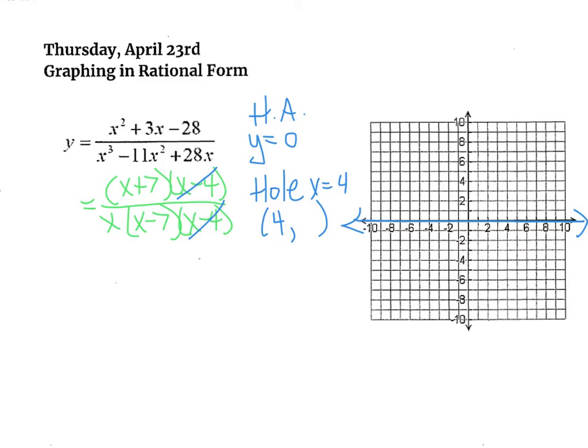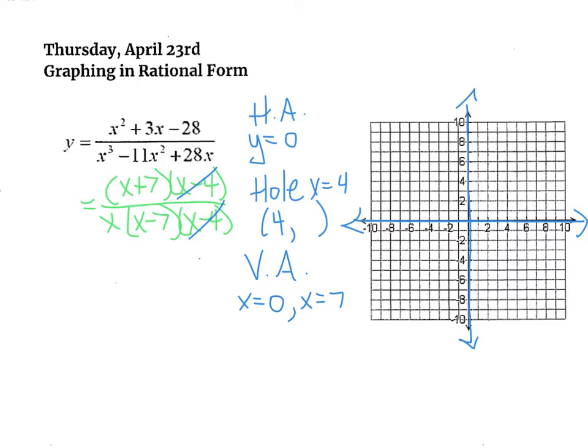It also creates in the denominator two vertical asymptotes. Remember, it's where the denominator is equal to 0. I get vertical asymptotes, those are VAs, where x is equal to 0 and where x is equal to 7. Where x is equal to 0, that's the y-axis.